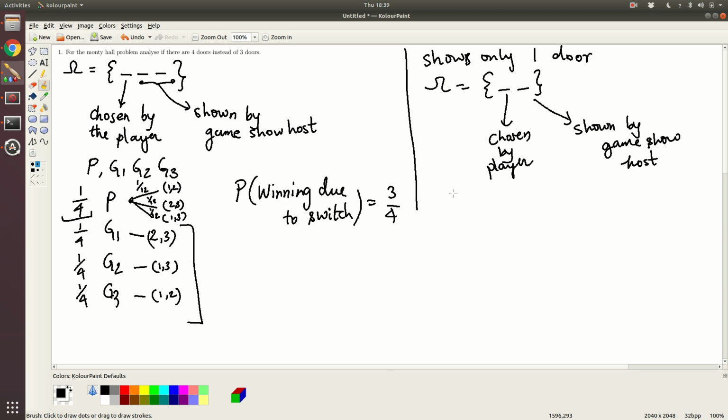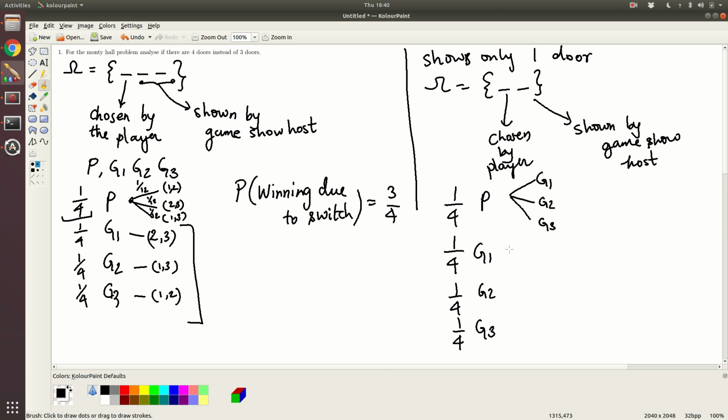So with probability 1/4 he will choose P, 1/4 he will choose G1, 1/4 G2, 1/4 G3. Now given this, the game show host has three choices here, either to show G1 or to show G2 or to show G3.